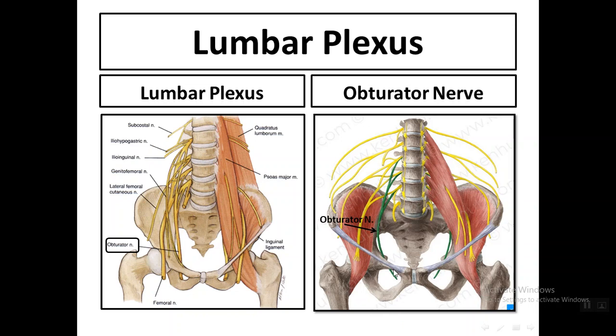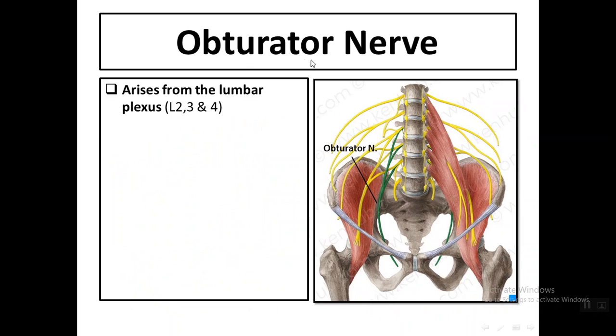We can see from this figure that the obturator nerve passes through the upper part of the obturator foramen. The obturator nerve arises from the lumbar plexus and its root value is L2, 3, 4.